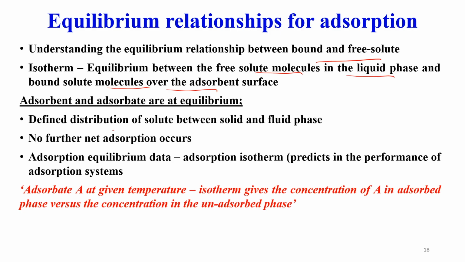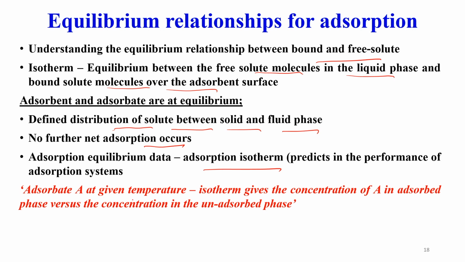This defines the distribution of solute between the solid and fluid phase, and after equilibrium no further net adsorption occurs. Adsorption equilibrium data can be fitted to various isotherms to predict model parameters.